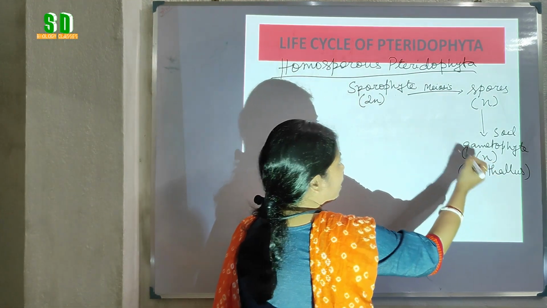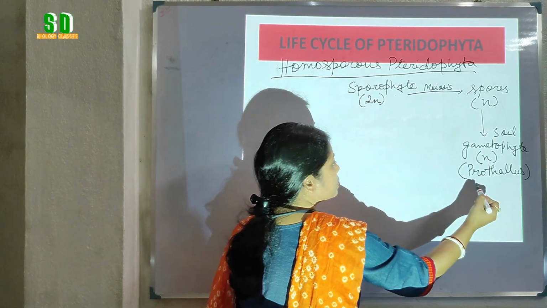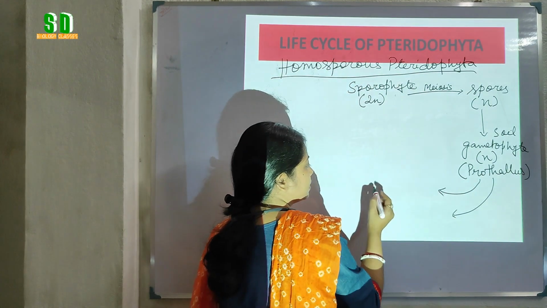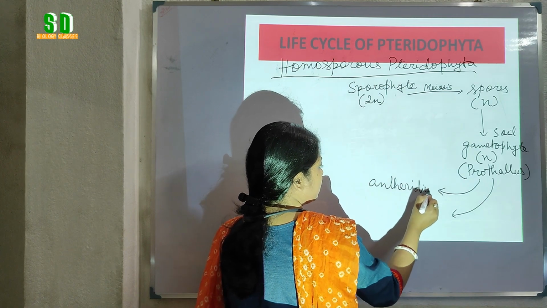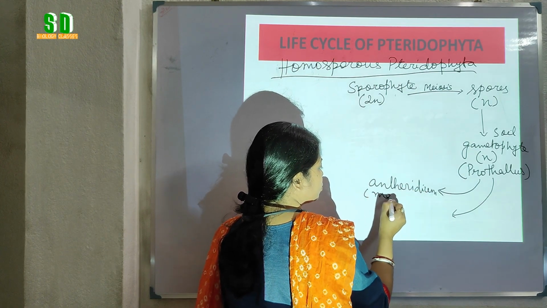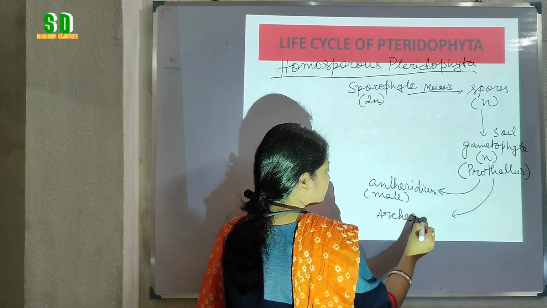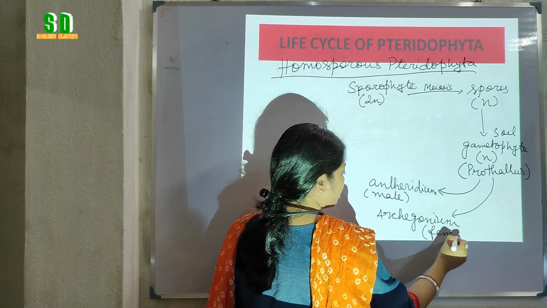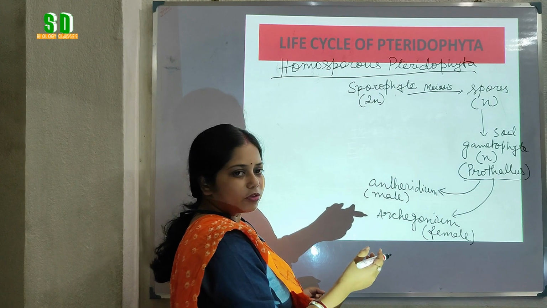So the gametophyte which is produced by the germination of the homospores bears the antheridium, that is the male reproductive structure, and the archegonium, that is the female reproductive structure, in the same prothallus.